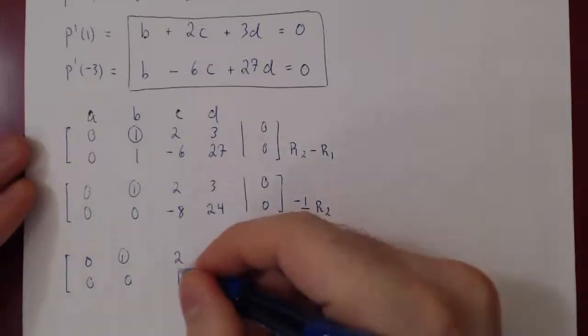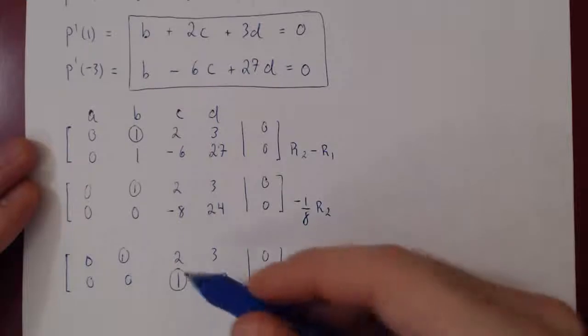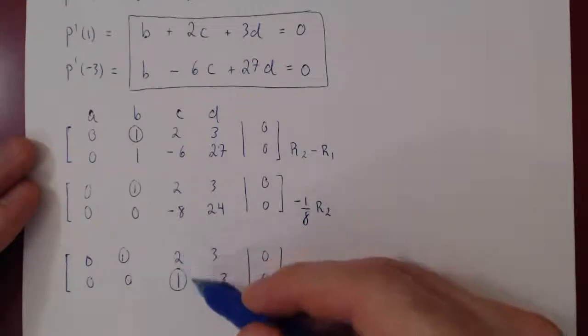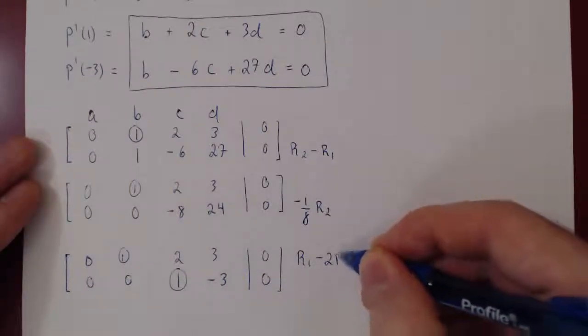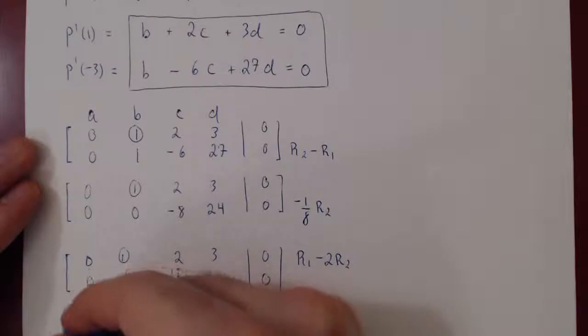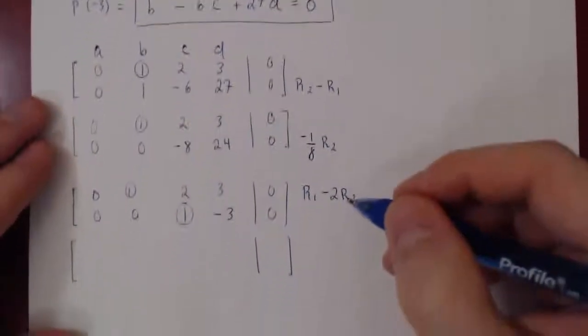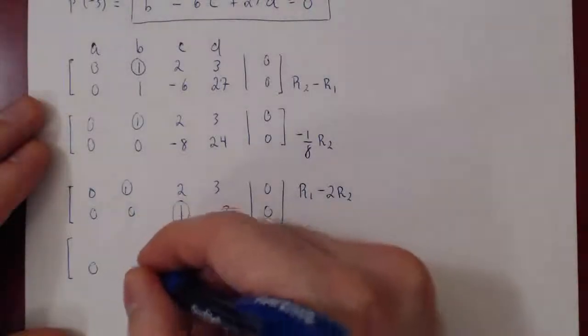We have our second leading one. Let's complete the reduction by now killing the entry above our second leading one by doing row 1 minus 2 row 2. This will complete the reduction. We are only changing row 1, so you can recopy row 2.